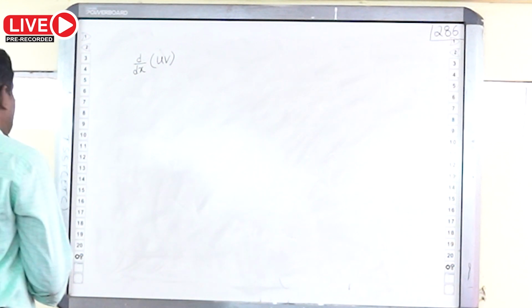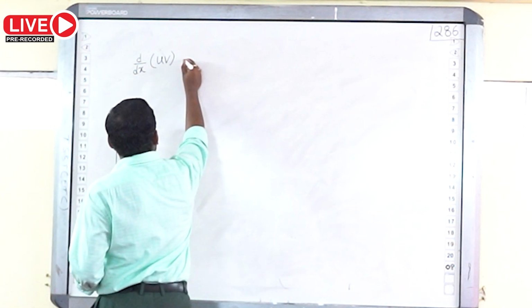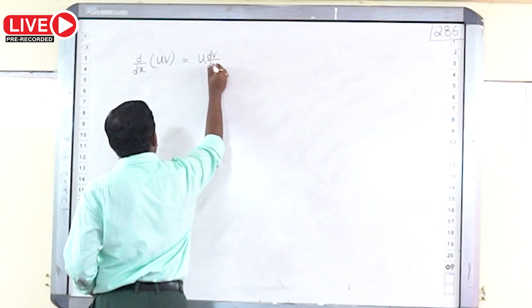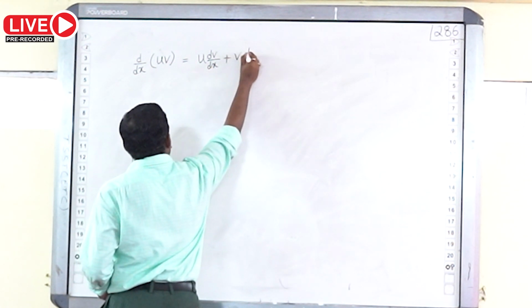d dx of uv, where u is a function of x, v is a function of x, and you have to calculate the derivative of this product. It may be u equal to x and v may be sin x. Now the rule says it will be u dv dx plus v du dx.